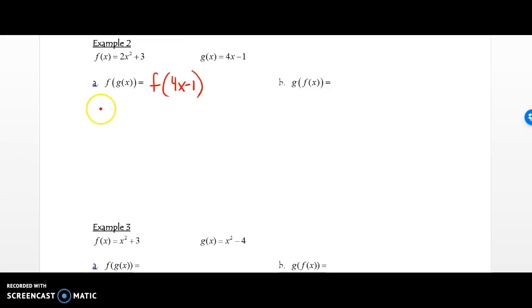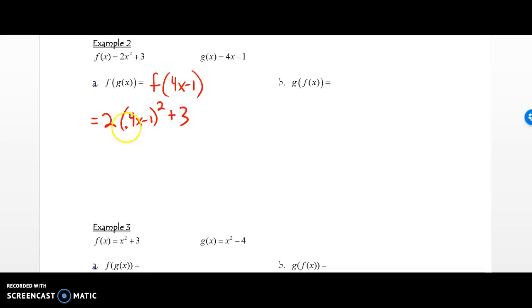So f of x says that I take 2, square whatever my x is, and then add 3. So to simplify this, I just need to do the algebra.